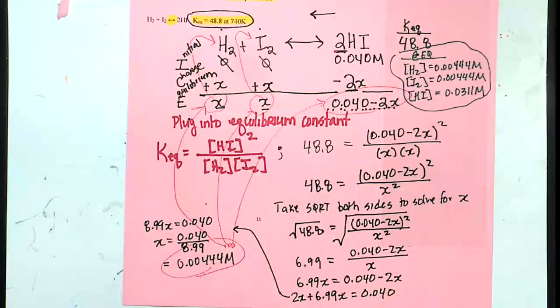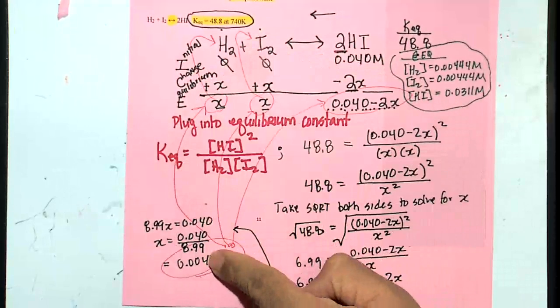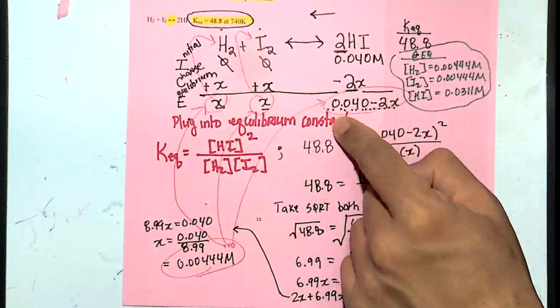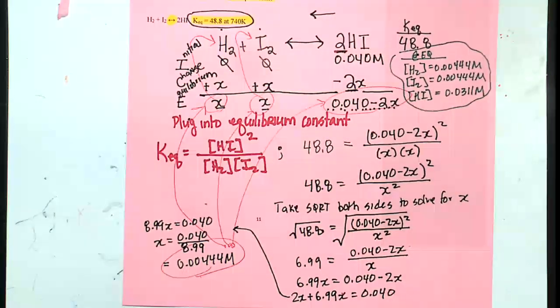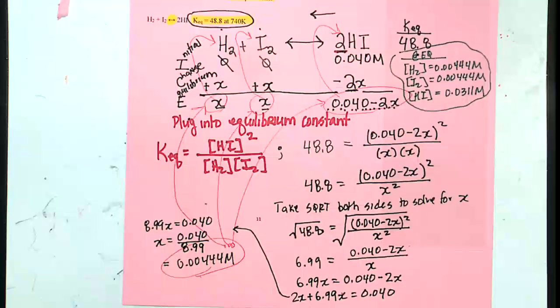So this goes over here. And that x then goes here, that's your I2. This x goes here, that's your H2. And this x goes here, which is 0.04 minus 2x, which is your HI. Okay, there you go.